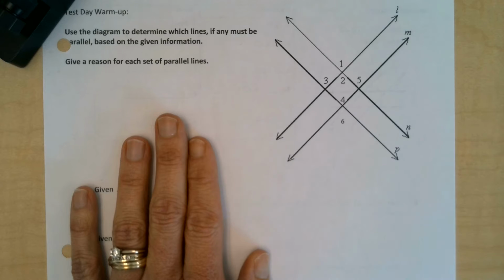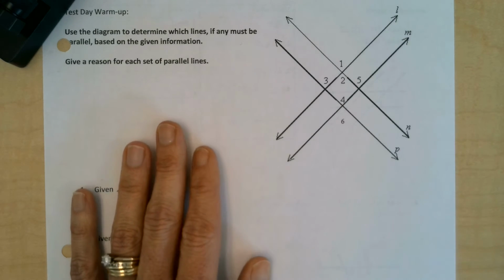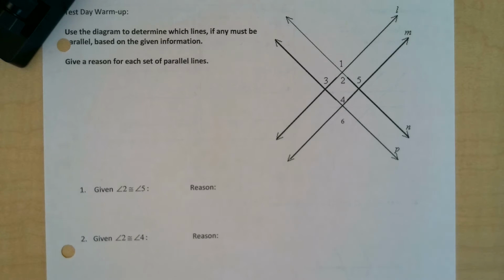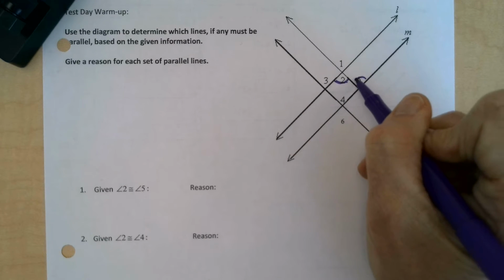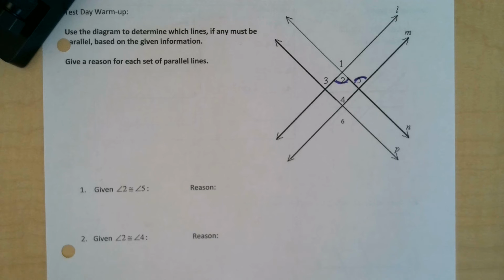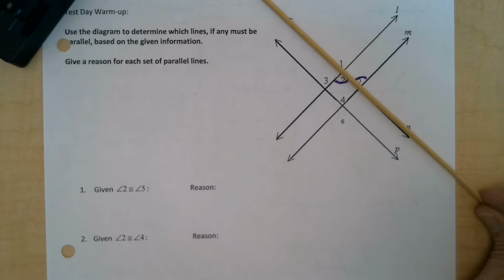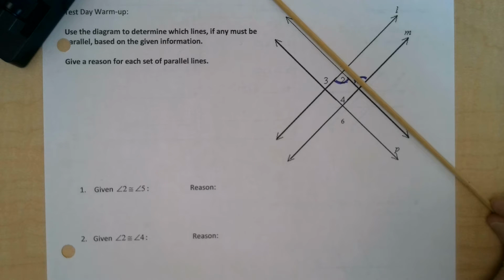Everybody okay with that? All right, once I get down to here and I see that I'm given that angles 2 and 5 are congruent, what I want you to get in the habit of doing, and would you please join me here, is get your pencil and lay your pencil on the line that 2 and 5 share.